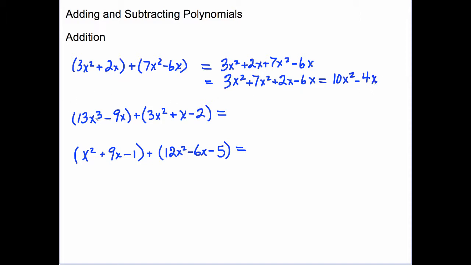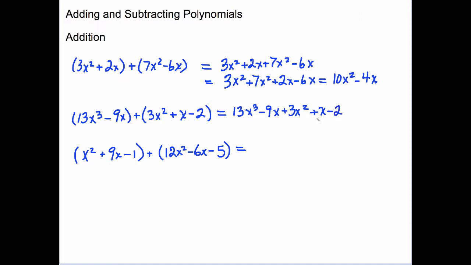Here's another example. 13x cubed minus 9x plus 3x squared plus x minus 2. So we can take off the parentheses and write this as 13x cubed minus 9x plus 3x squared plus x minus 2.